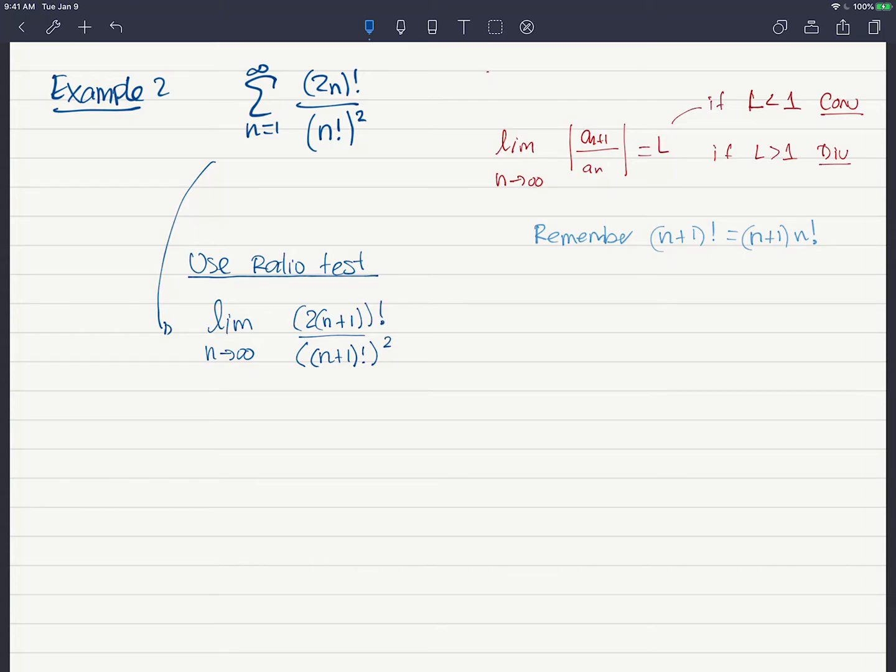So you're replacing this n in the term with n plus 1. That n is multiplied by 2, and in this case, n plus 1 is multiplied by 2. In the denominator, this n factorial is replaced by this n plus 1 factorial, and then it's squared.